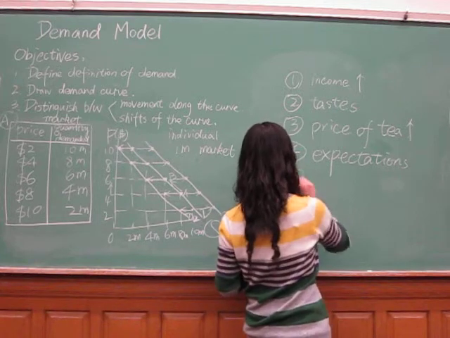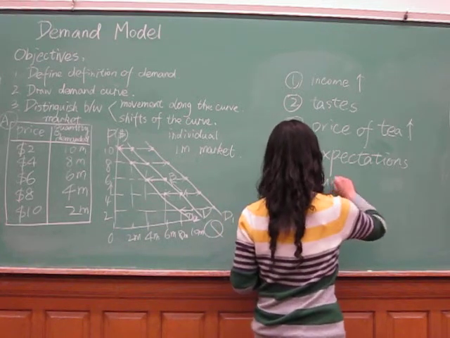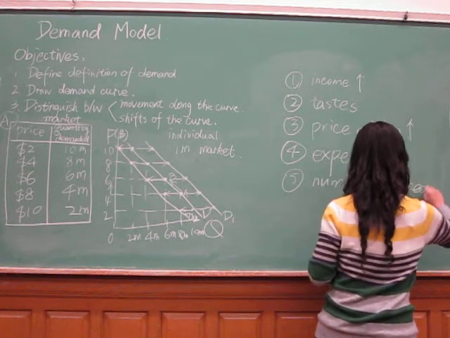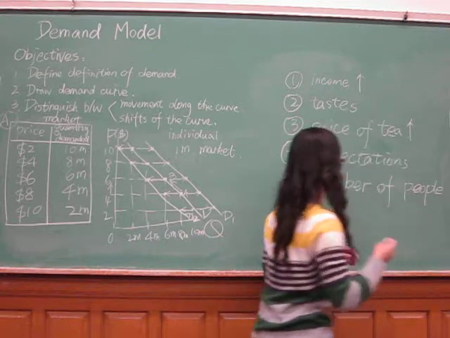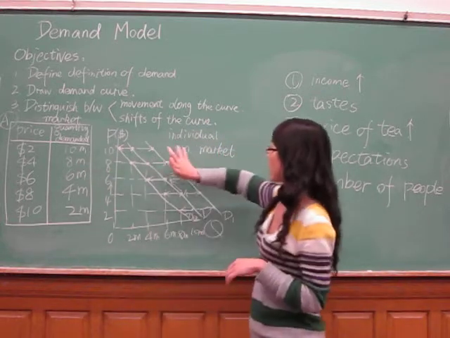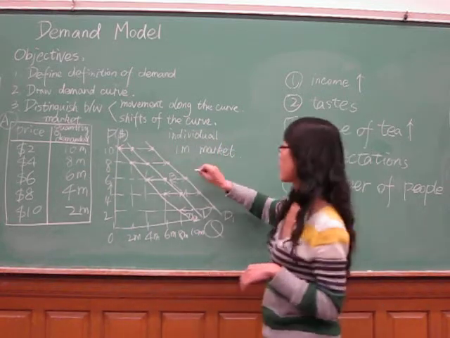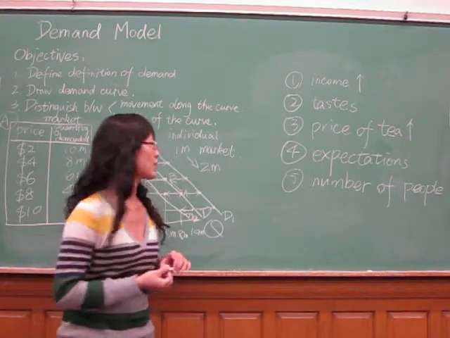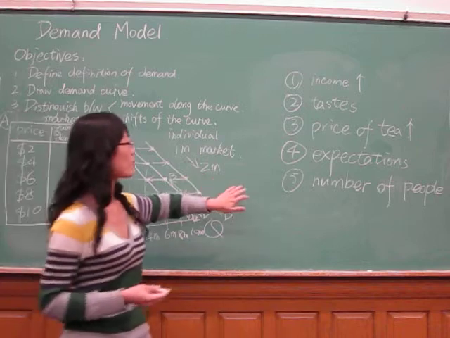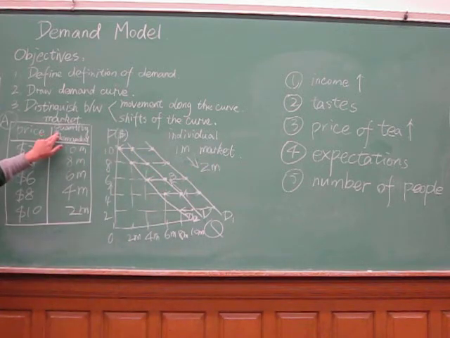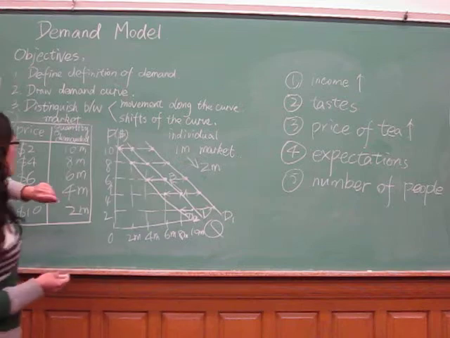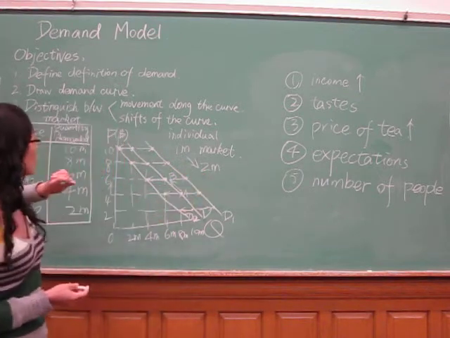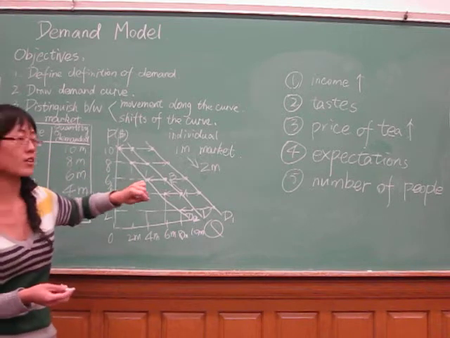And the fifth factor is the number of people in the market. Now in the market we have 1 million people, and if in 10 years it increases to 2 million people, so even if the individual quantity demanded is the same, when the number of people goes up, the overall demand for the whole market goes up.